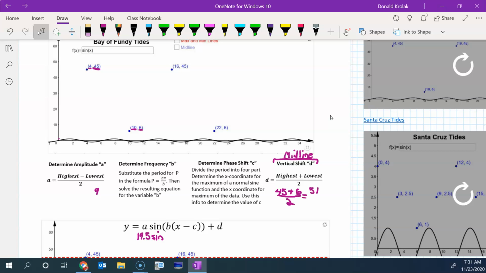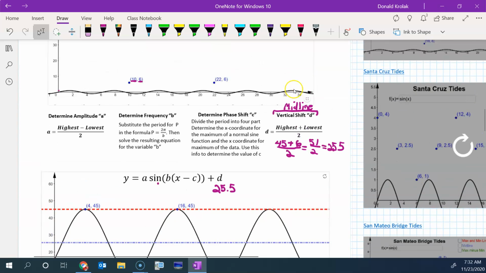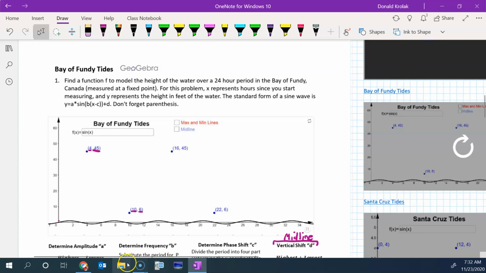So 51 divided by 2 is 25.5. That's going to be my D value.